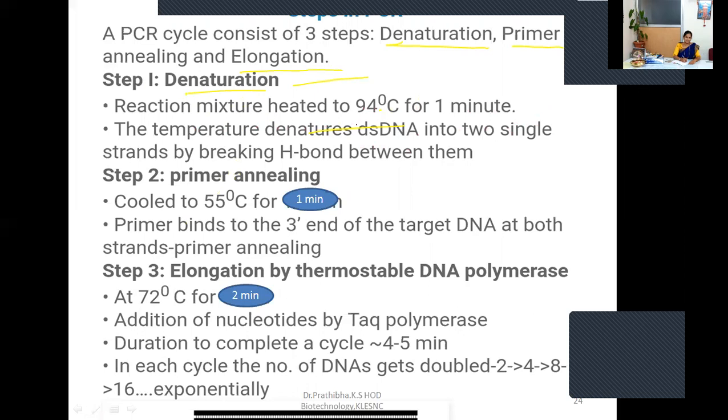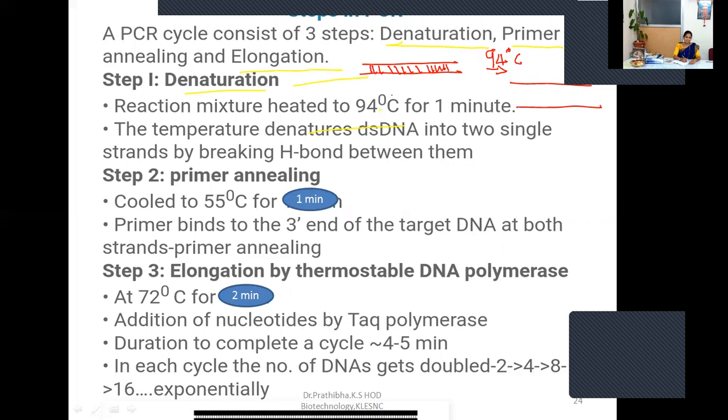You can see the breaking of hydrogen bonds between them, and we obtain single stranded DNA fragments. So earlier there was the double stranded DNA molecule here, right? When this double stranded DNA was subjected to this PCR mixture at 94 degrees Celsius, we obtain single stranded DNA fragments, right?